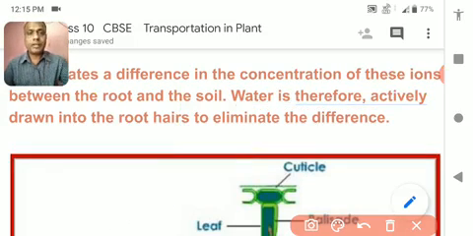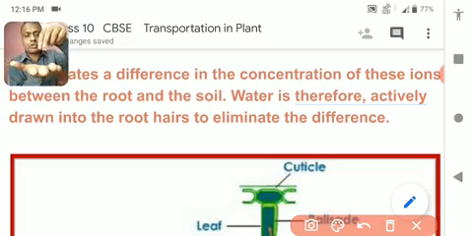Very easy. Suppose you have a chocolate or toffee. You open the wrapper, and you keep the toffee or chocolate on the tabletop. What will happen? After some time, you will see it has dissolved, and the sugar from the toffee has melted and stuck to the surface of the table.